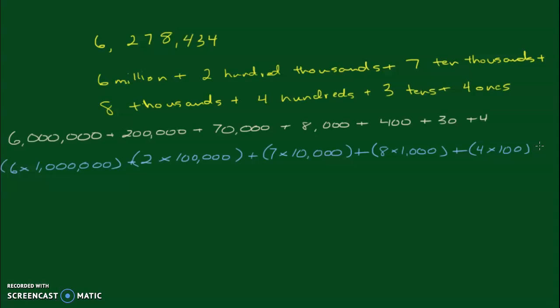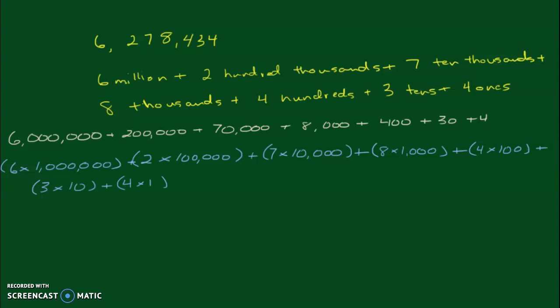I have to go into the next line, plus 3 times 10 plus 4 times 1. Okay, that's expanded form using multiplication.